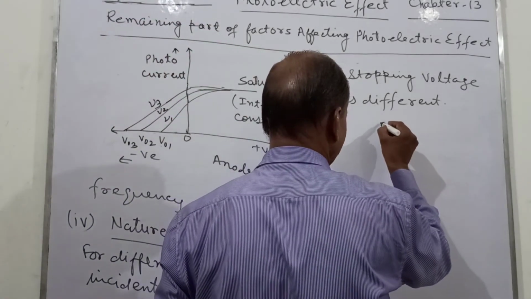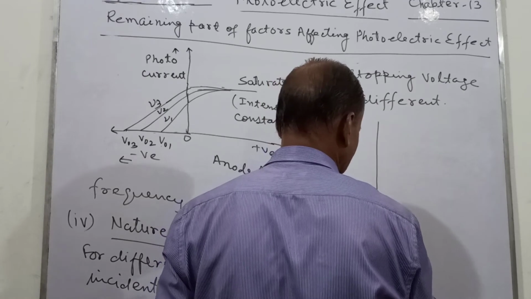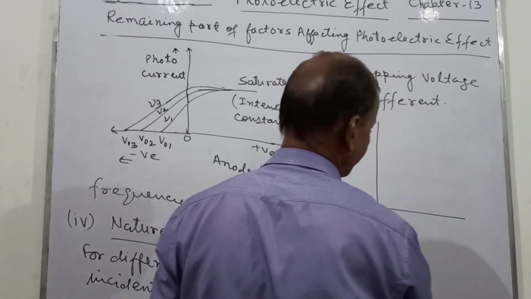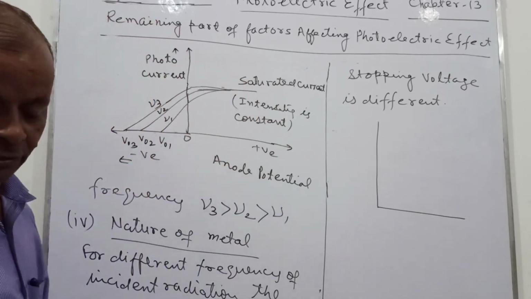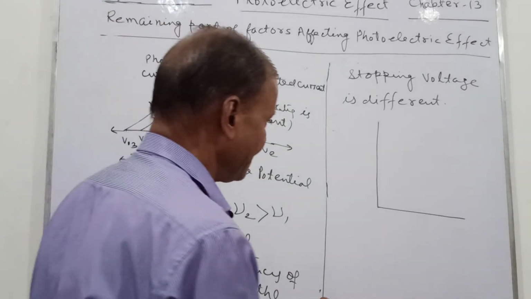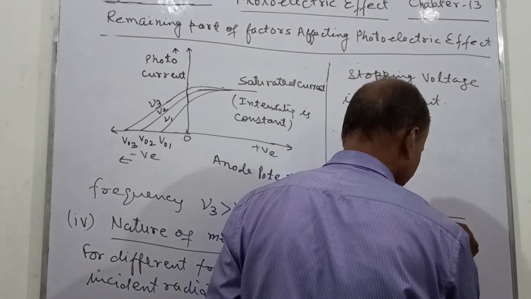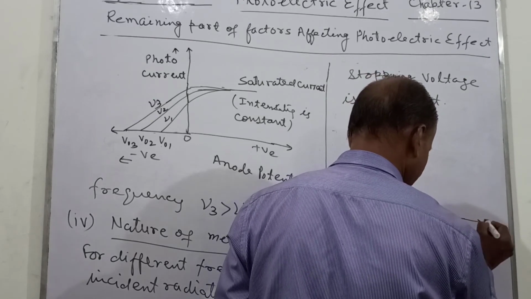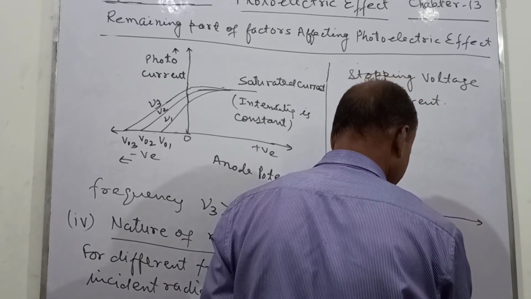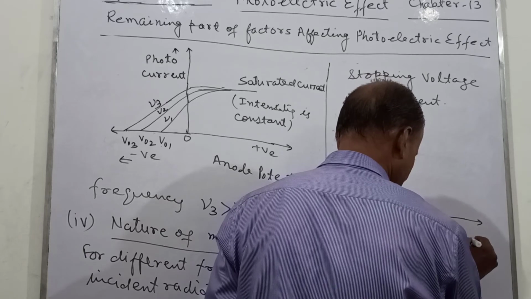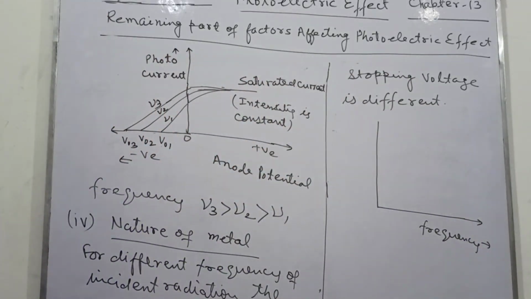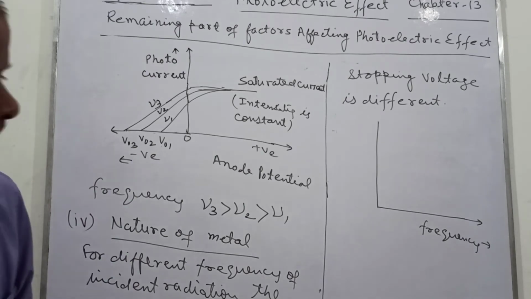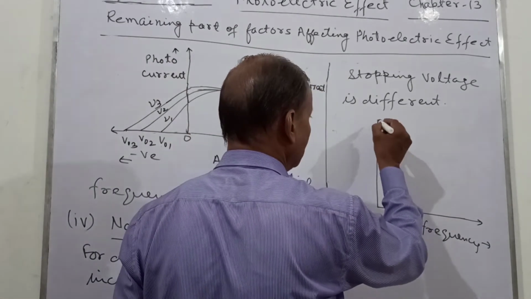If we use different metals, suppose metal A and metal B, we can have a graph like this. This is the frequency and this is the stopping voltage.